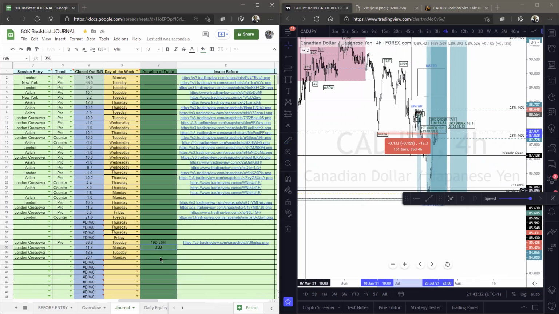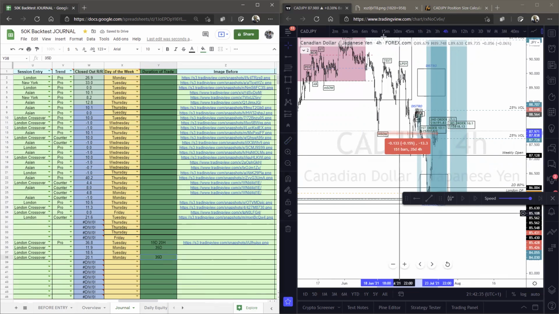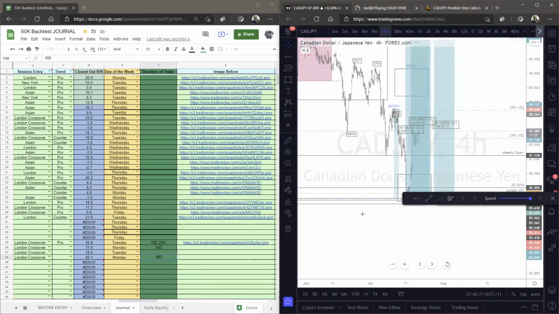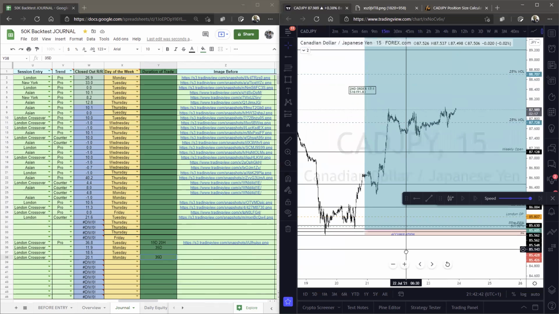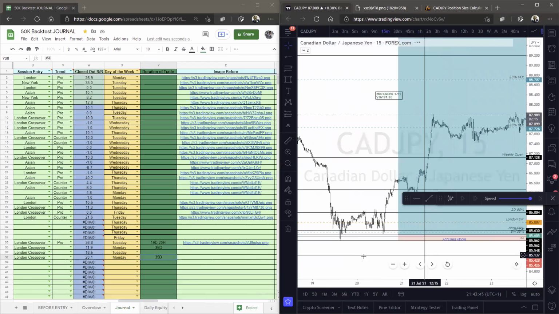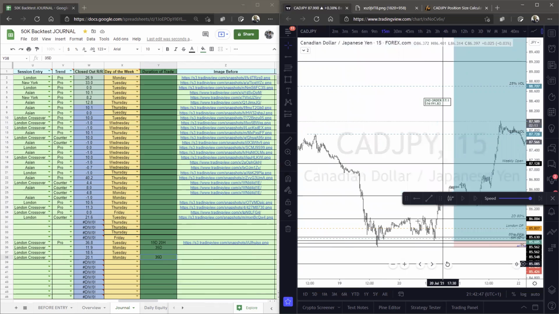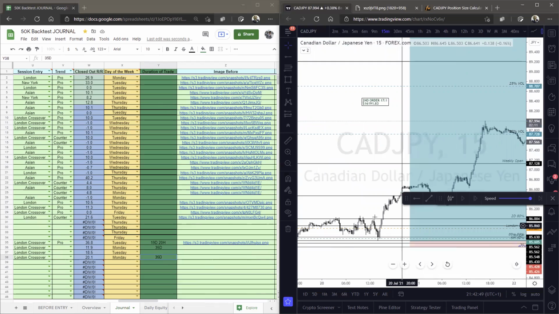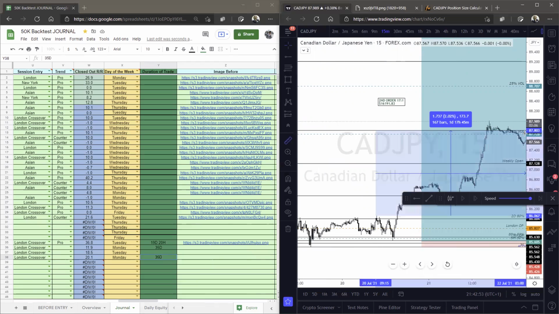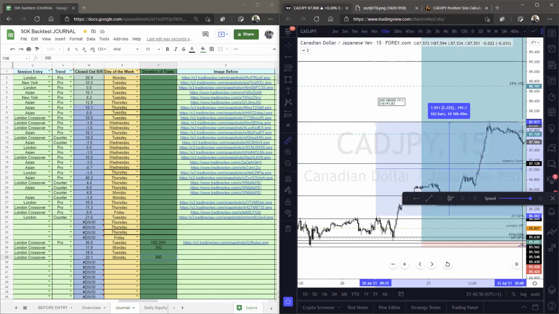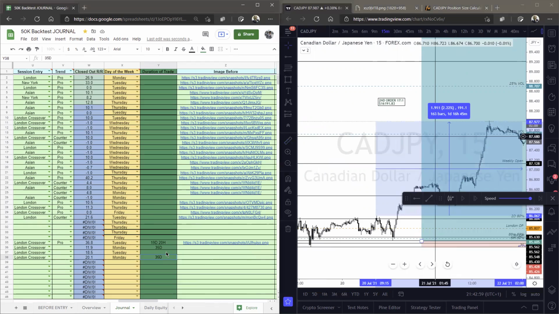This one, however, when price tapped into this, and when price pushed in that bullish order flow here to where we are now, I'll round it up to 2 days.